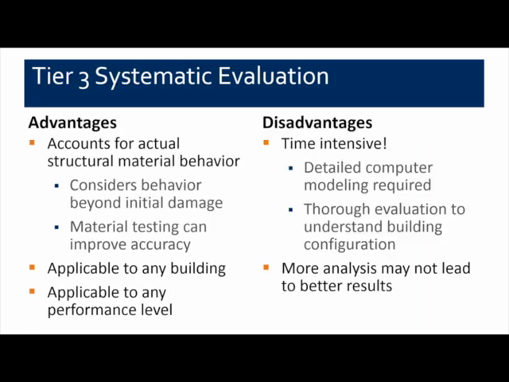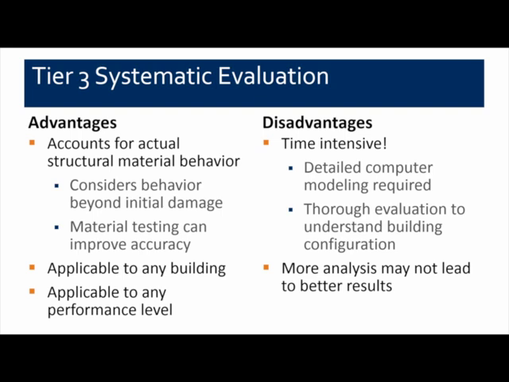And finally, we have the more sophisticated evaluation, which is called the Tier 3 systematic evaluation, and this would be applicable to any building type. It accounts for the actual structural behavior of all of the critical structural elements within the building, and it considers not only their elastic behavior, but their behavior beyond the initial damage or yielding of that structural element.